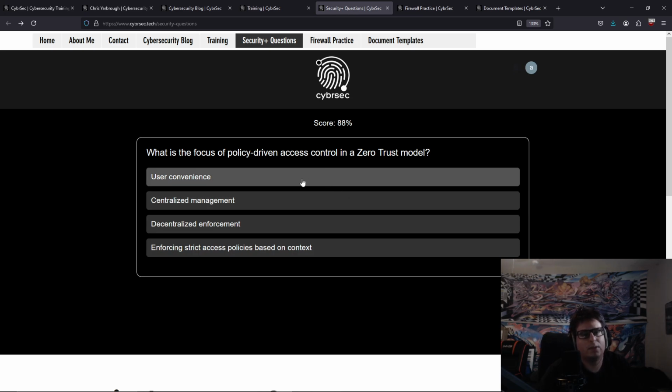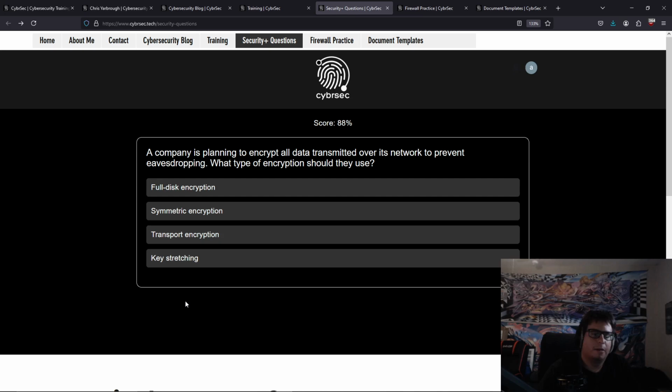Policy-driven access control. Yes. A company is planning to encrypt all data transmitted over the internet to prevent eavesdropping. Transport encryption.